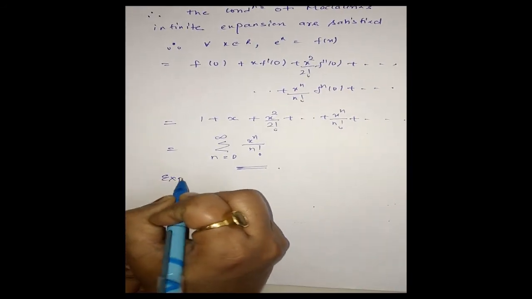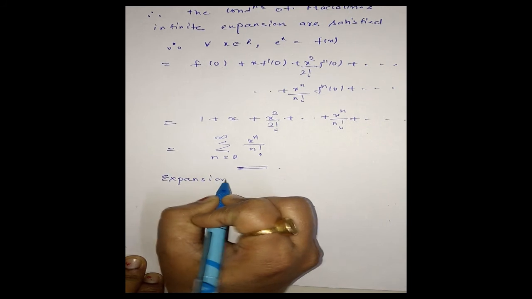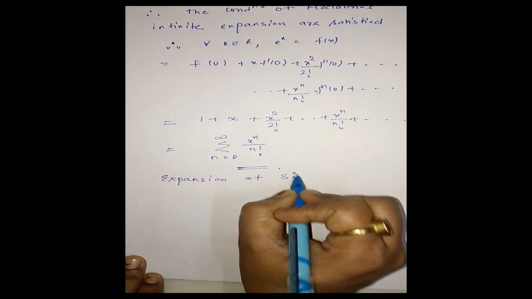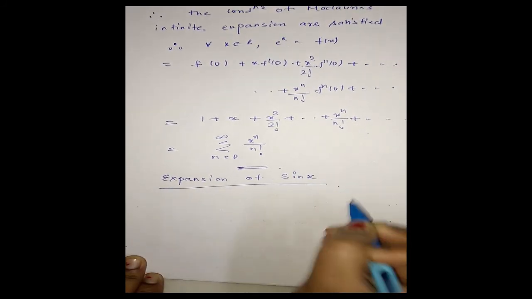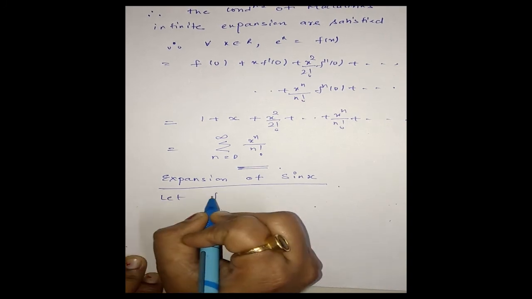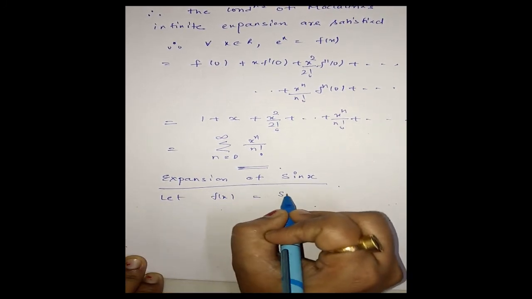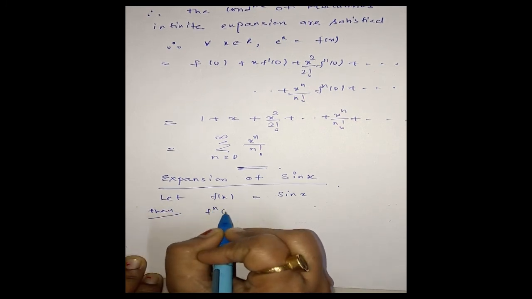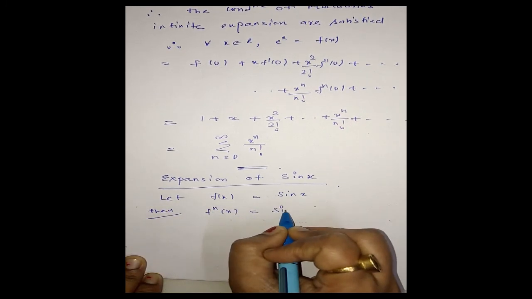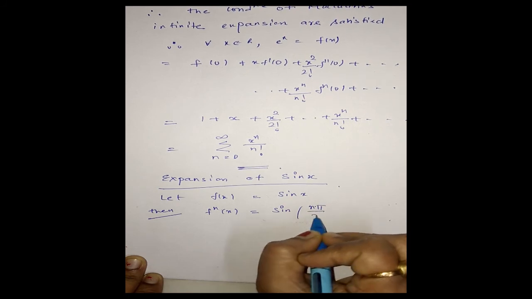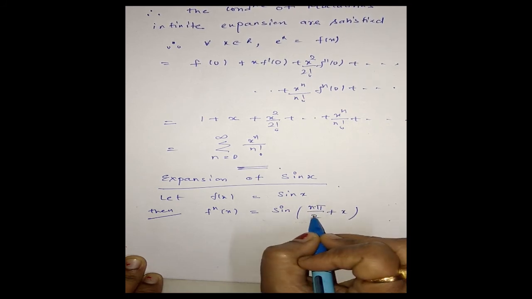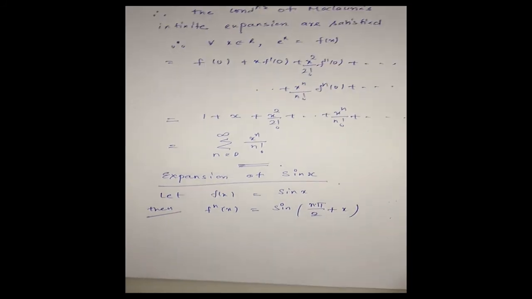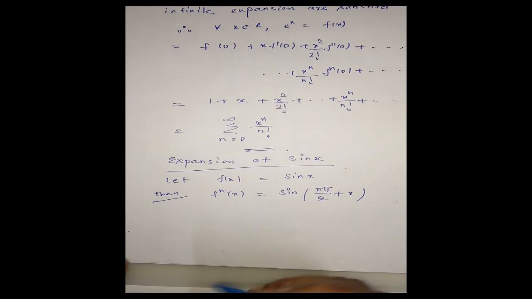Next, we will find the expansion of sin x. Okay. Now, let f(x) is equal to sin x. Then the nth derivative f^n(x) will be sin(n pi by 2 plus x), that we know from the nth derivative topic. Okay.